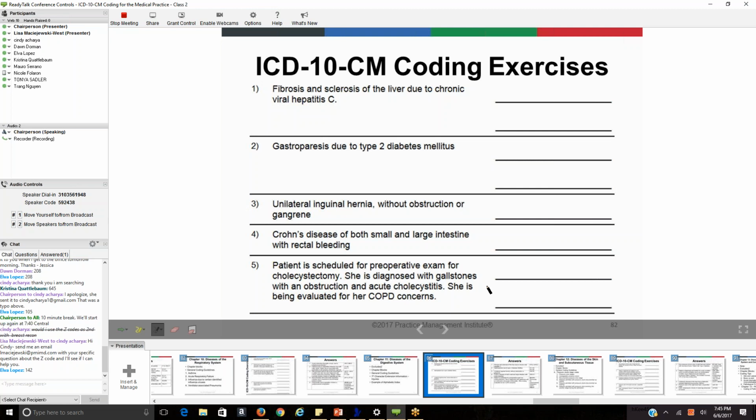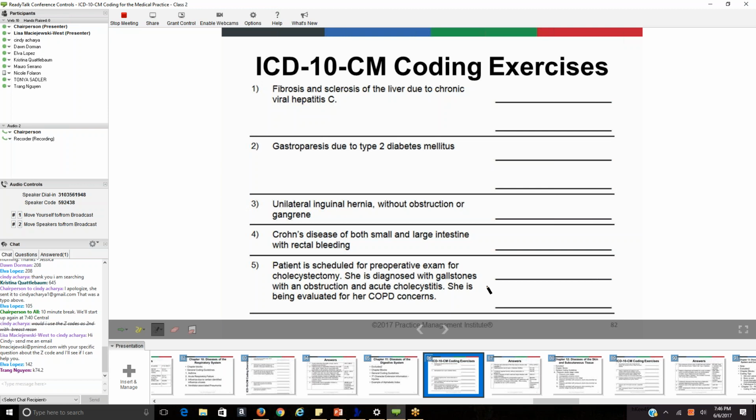Fibrosis. And now we can go to liver, which is with sclerosis. It's at the bottom of 142, first column. Fibrosis with sclerosis of the liver, K74.2.